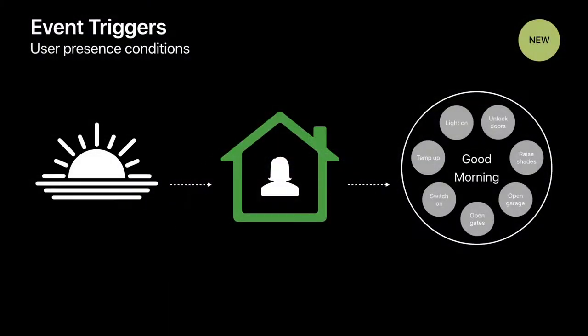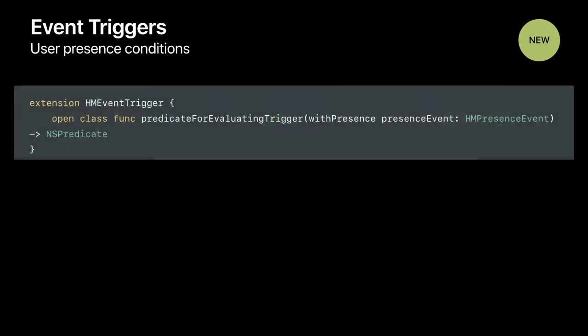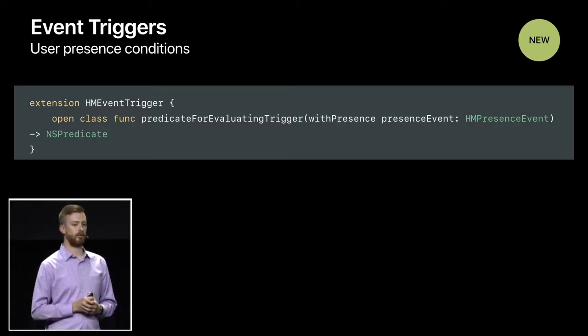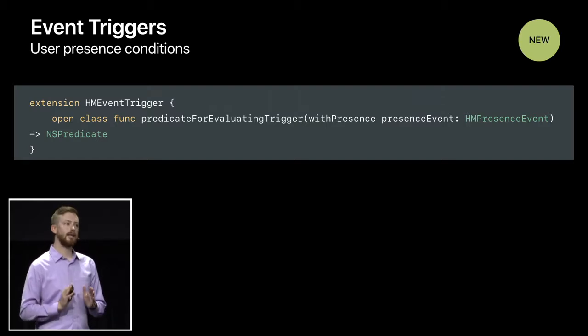And in iOS 11, you can now gate the execution of scenes based on user presence via user presence conditions. This is available on HMEventTrigger via predicateForEvaluatingTriggerWithPresence. And note that it takes a presence event.